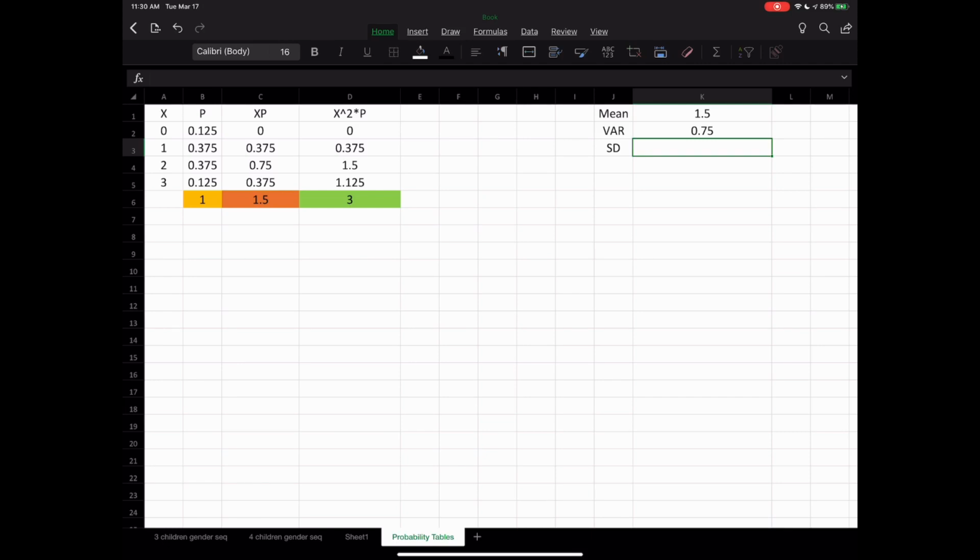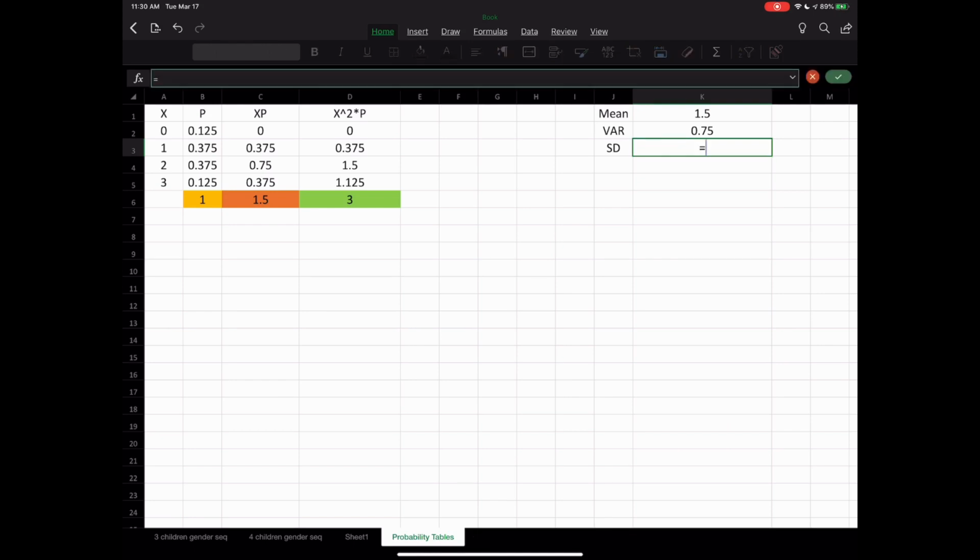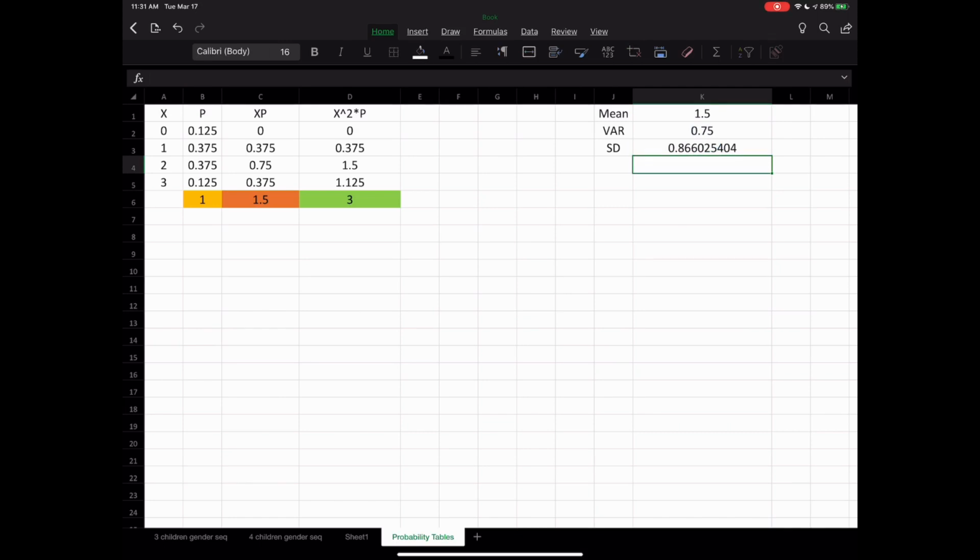That's why when I was doing it on my lecture, I just wrote 0.8, because I was rounding to one decimal place. Again, you don't need to worry about that. You'll be instructed as to how many decimal places you should leave on the exam. And in order to calculate the standard deviation, I just need to do the square root of the variance, and there's my standard deviation.